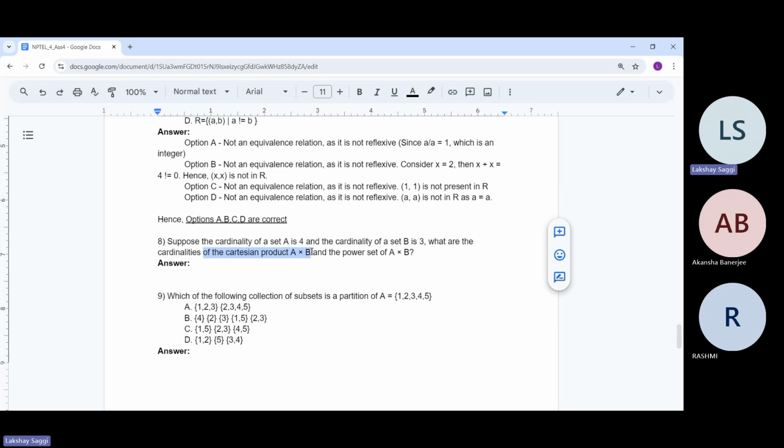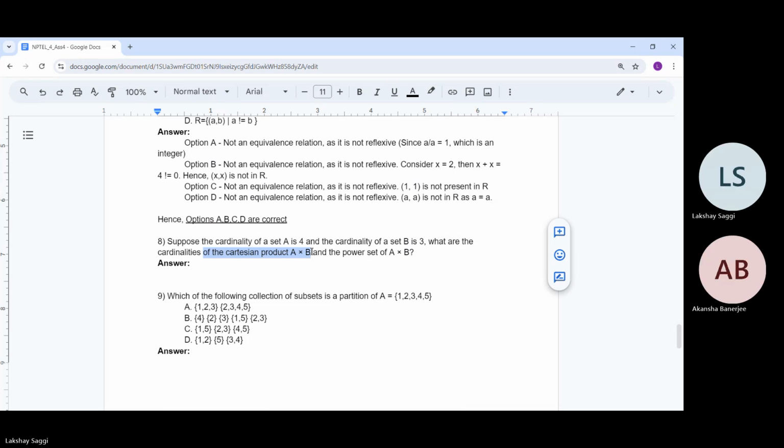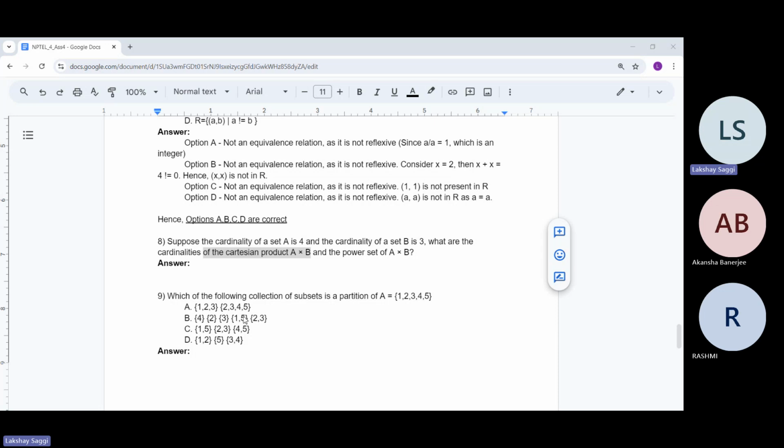Akansha, Rashmi, would you guys like to answer in chat? Okay, so Akansha has answered that the answer should be 12 to the power 12.